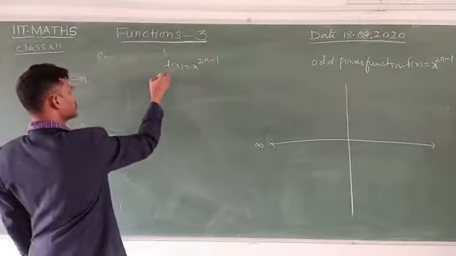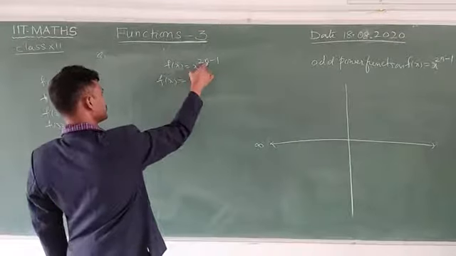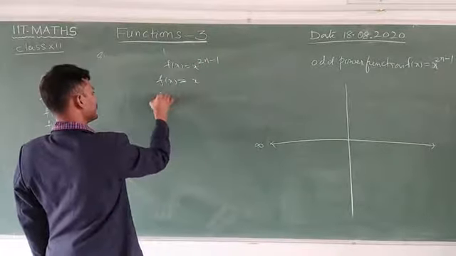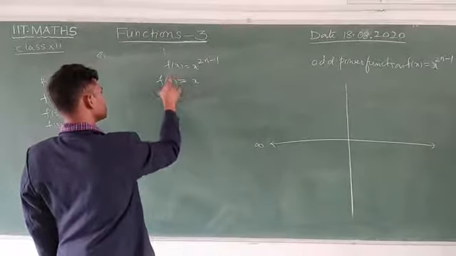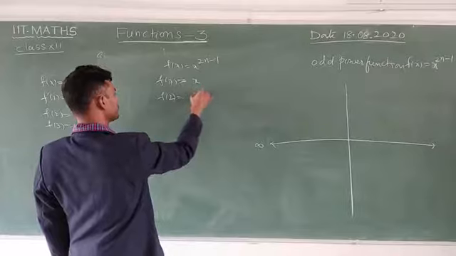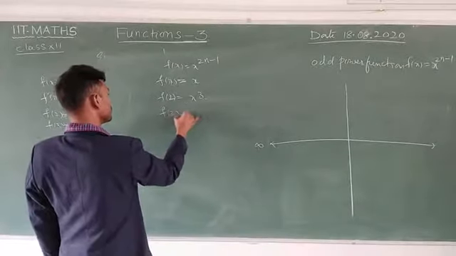Note this down. When n is equal to 1, f of x is x. f of 2 is 2 times 2 minus 1, giving x cube, and f of 3 means x to the power 5.